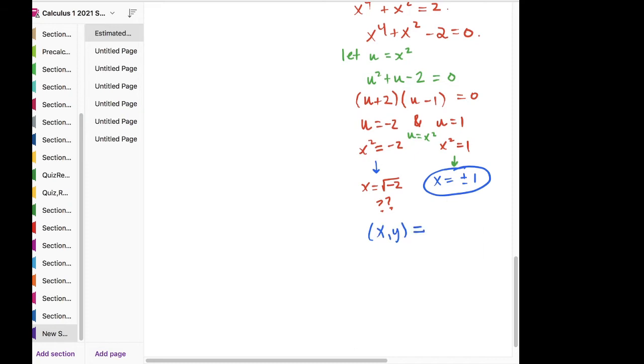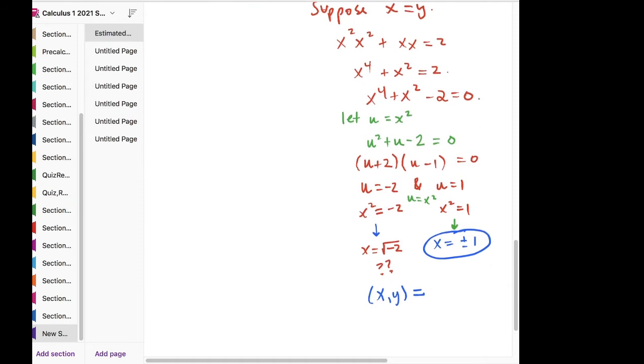Right, this is all set up to be, what case was this? This was case x equals y. So xy values are 1 and 1, 1 and negative 1. Okay, sorry, negative 1, negative 1.